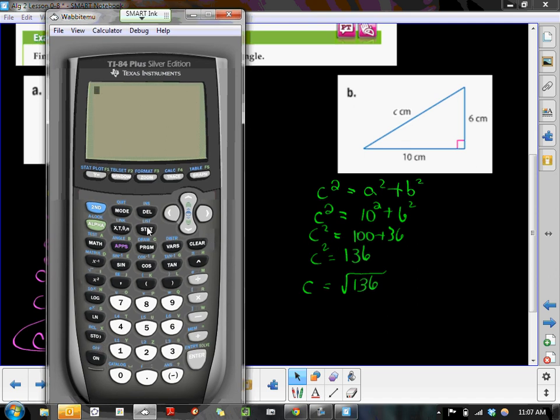The square root of 136 is approximately 11.661. Normally we'll round these off to the nearest tenths place, so we'll go 11.7. So that's using the Pythagorean theorem to help you find missing side lengths.